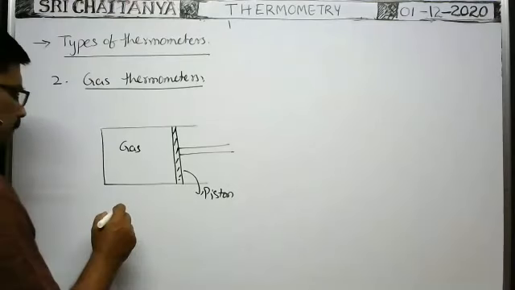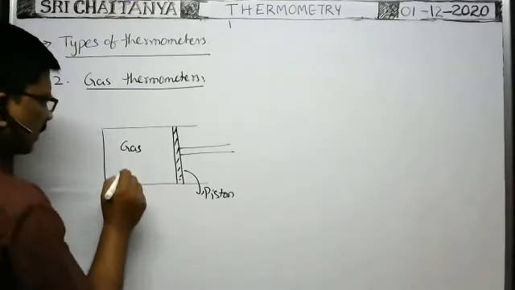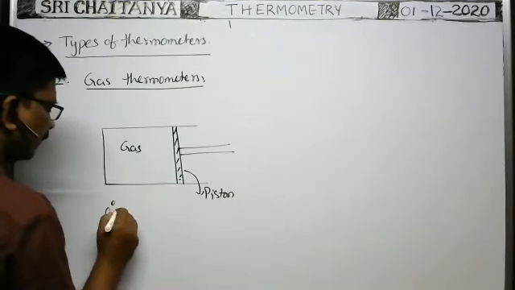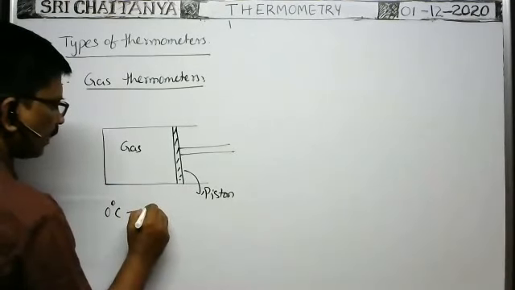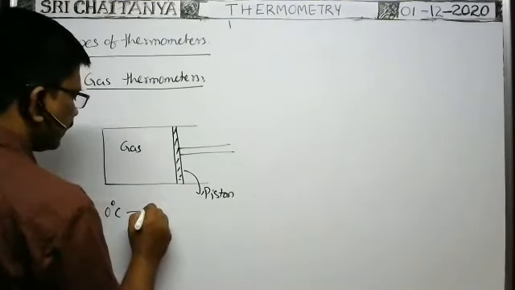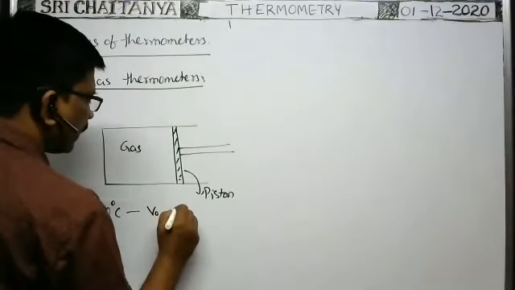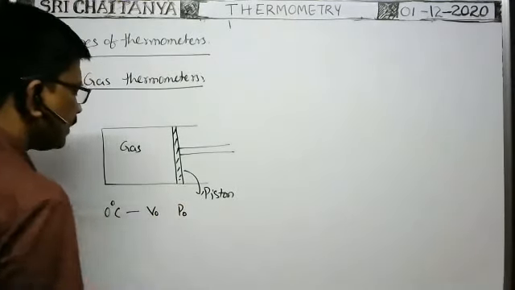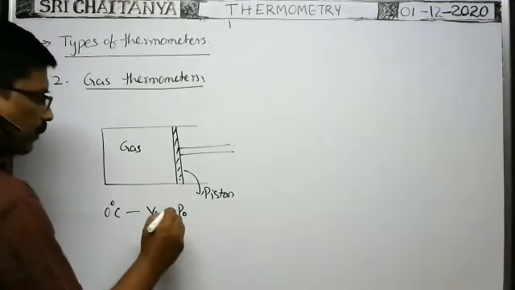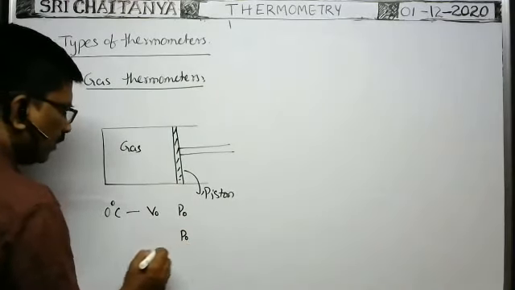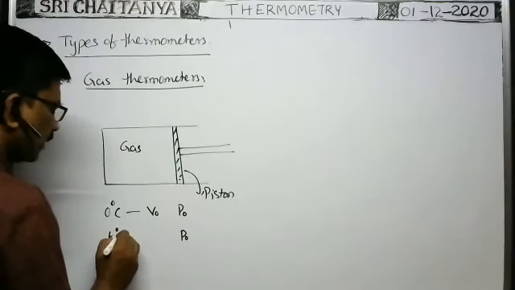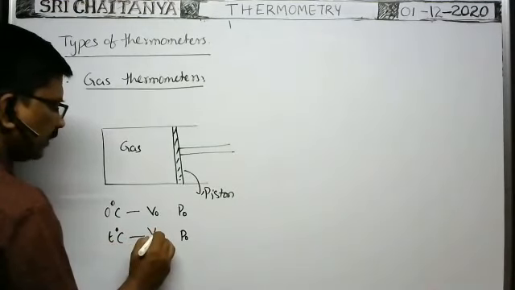Suppose at 0 degrees centigrade, the volume of the gas is V0 and the pressure is P0. By keeping the pressure constant, if you raise the temperature of the gas to T degrees centigrade, its volume becomes VT.